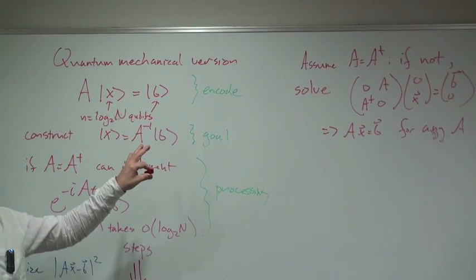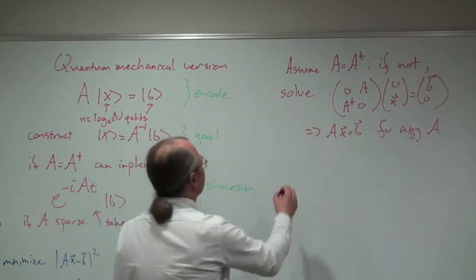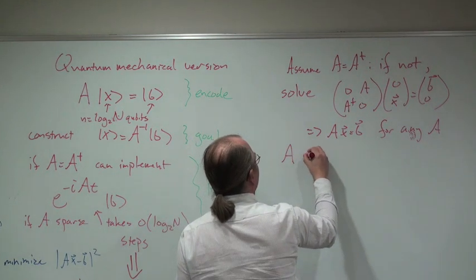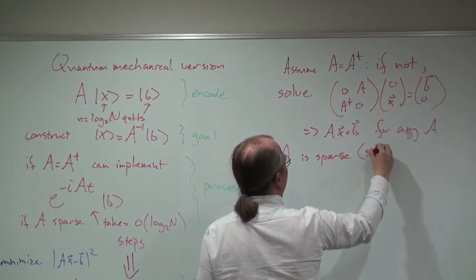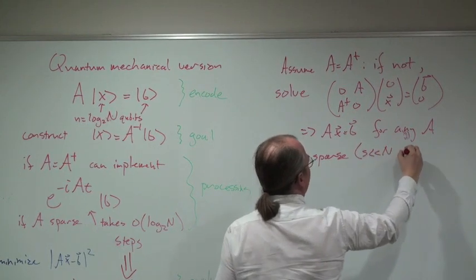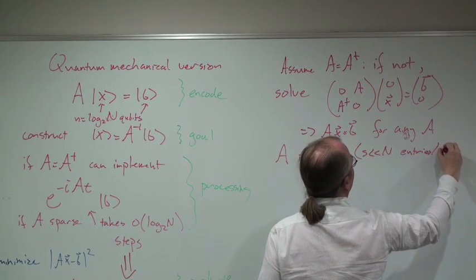So now I'm going to assume that A is Hermitian. All right, A is sparse: S much less than n entries per row.